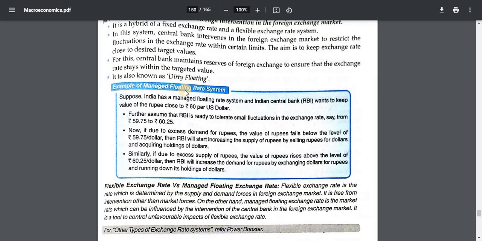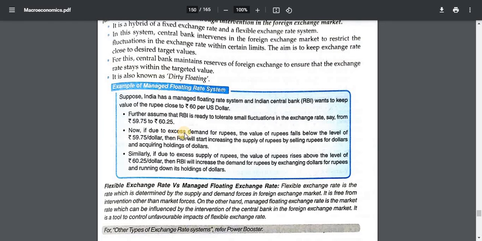Example of managed floating rate system. Suppose India has a managed floating rate system and the Indian central bank (RBI) wants to keep the value of the rupee close to ₹60 per US dollar. Further assume that RBI is ready to tolerate small fluctuations in the exchange rate, say from ₹59.75 to ₹60.25.